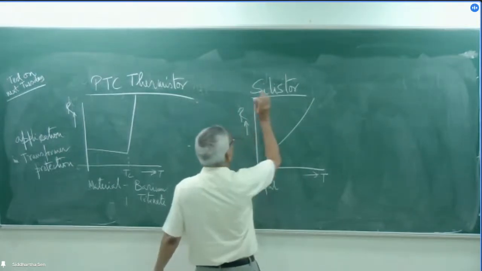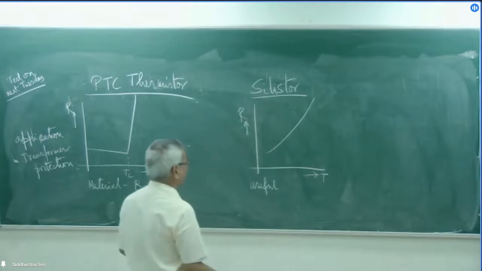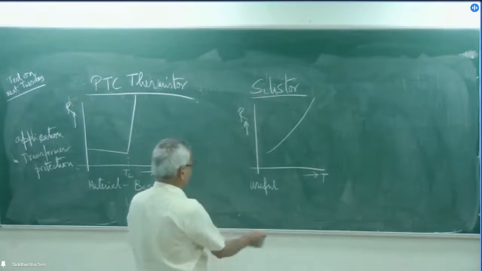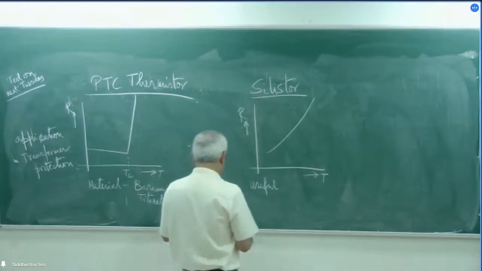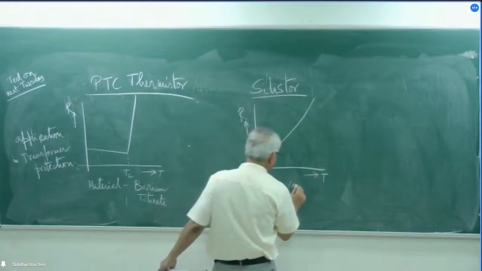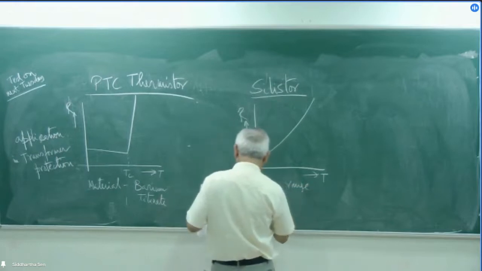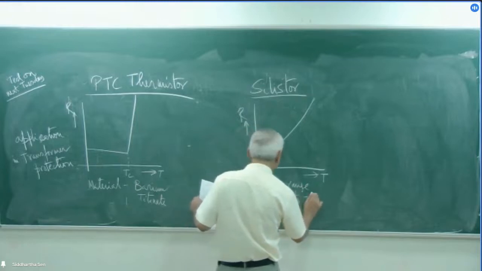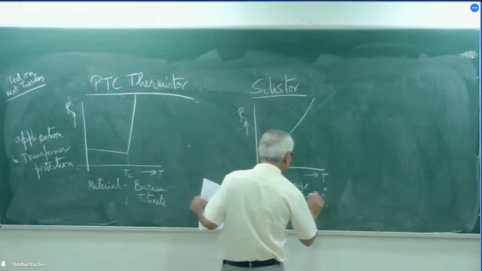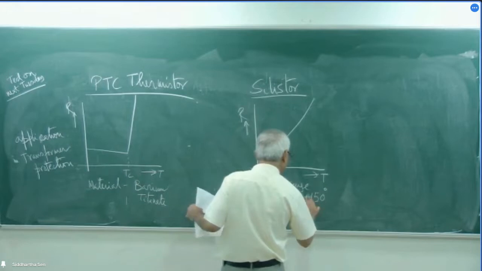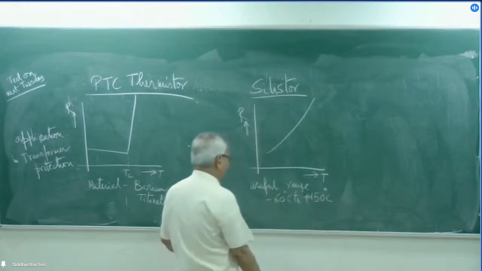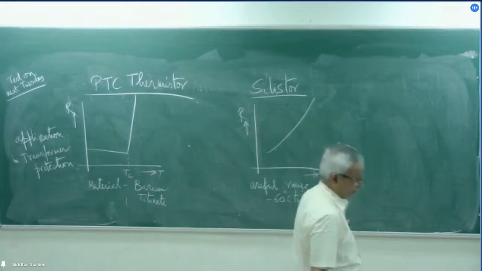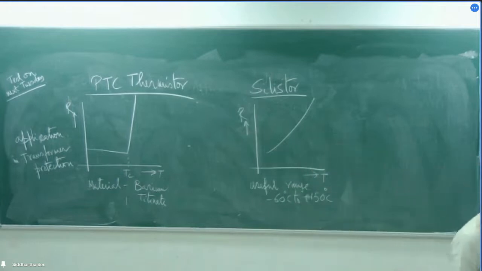Actually, this material, it's a trade name, Cilister. We don't know exactly what is inside, but the useful range is minus 60 degrees Celsius to plus 150 degrees Celsius. So we can also use the Cilisters in this manner.